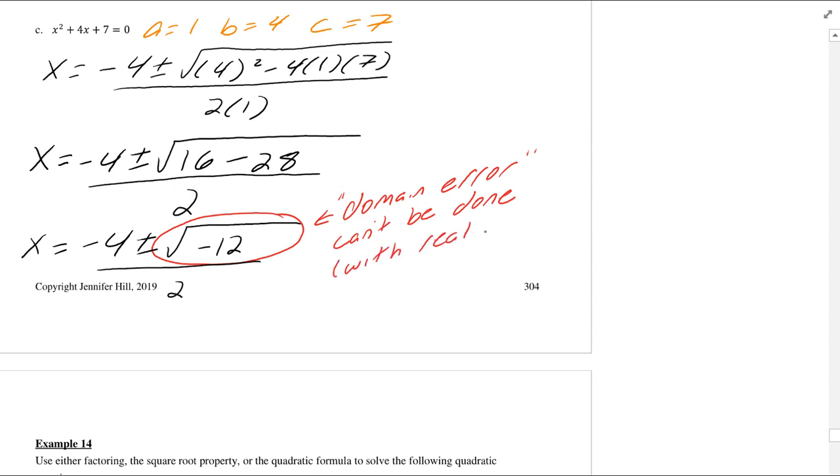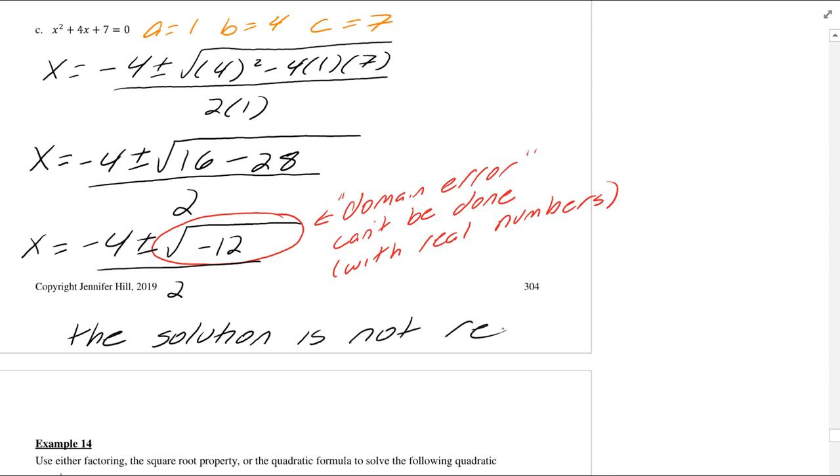You'd have to have a totally different number system to work with this, and that's just not the scope of this particular class. So when this happens, you actually have a very simple interpretation. It just means that the solution is not real, so we can't answer this. So that's it. And you don't have to go any farther.